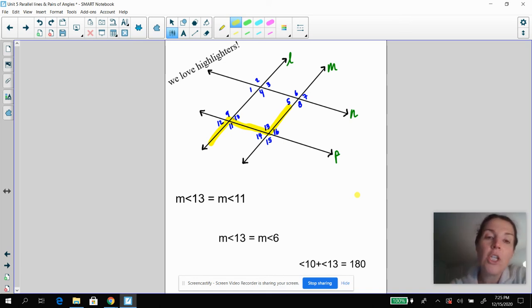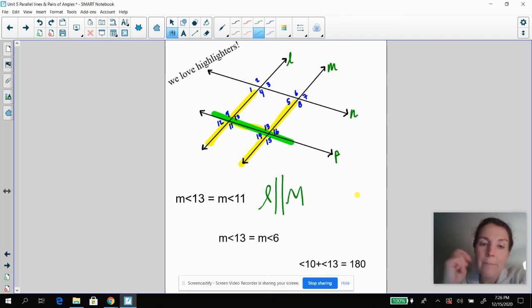See how they share this line? Whatever line they share, that's the transversal. And the two lines that are left over, those are going to be your parallel lines. So if I know that 13 and 11 are congruent to each other, then I know that line L is going to be parallel to line M.